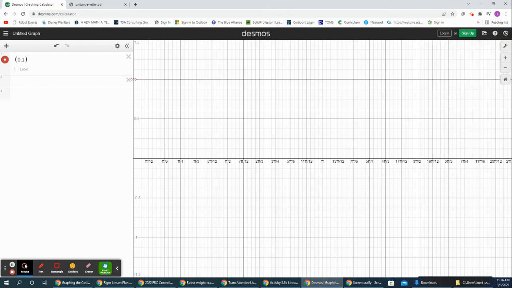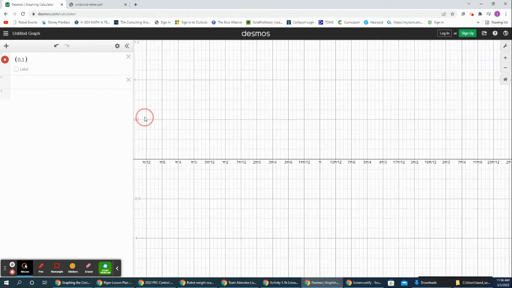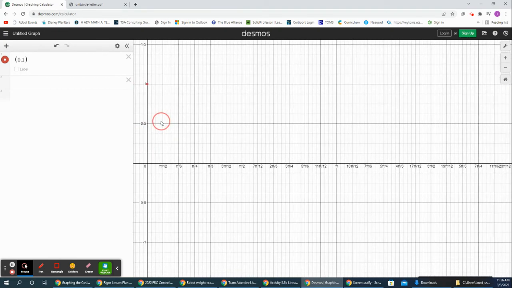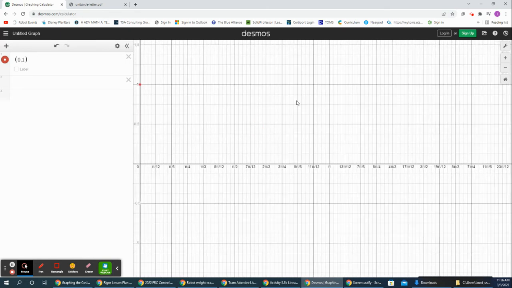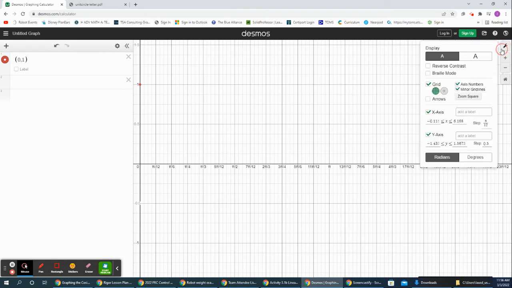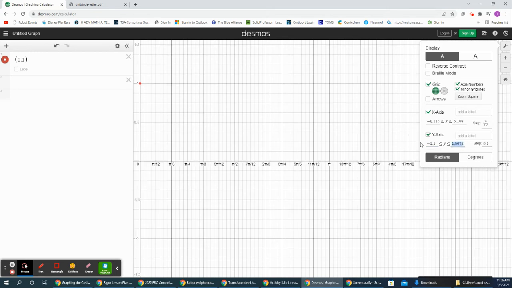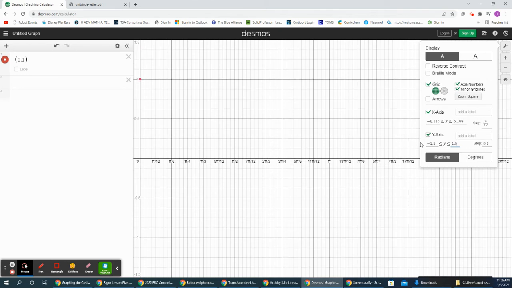All right, and if you could see here, I'm going to just click and move a little to the left so you could see that we've already plotted our point. Okay? And then I'll go ahead and rearrange it so that on the y-axis, we're going to go from negative 1.5, like I said, to 1.5.